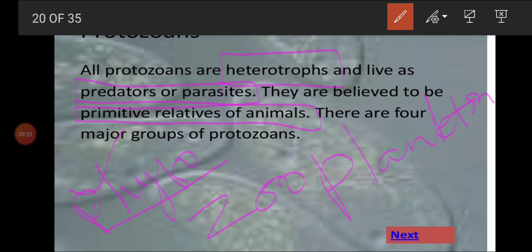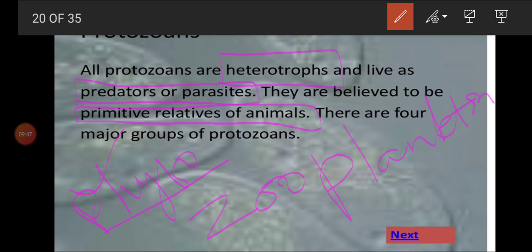Phyto means plant, so it is algae only. Planktons means they are small. So phytoplanktons means very small algae or unicellular algae. That is what we call phytoplanktons.